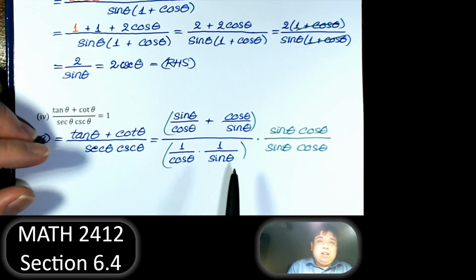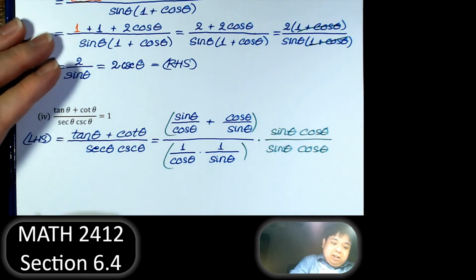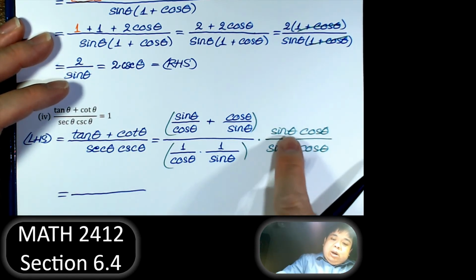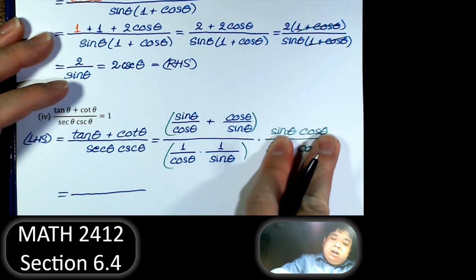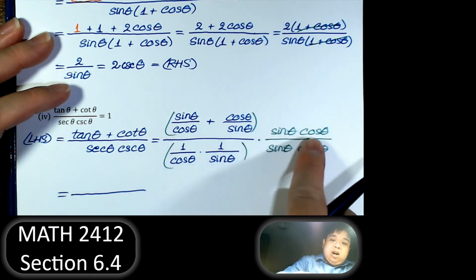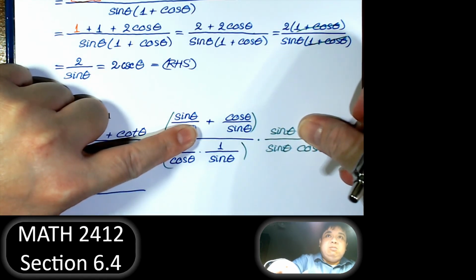So when we do that, with the common denominator, we simplify something. Right, let's see. We have sine times cosine. Sine times cosine multiplied by this, cosine cancels out. We have sine times sine on the top for the first term, right?